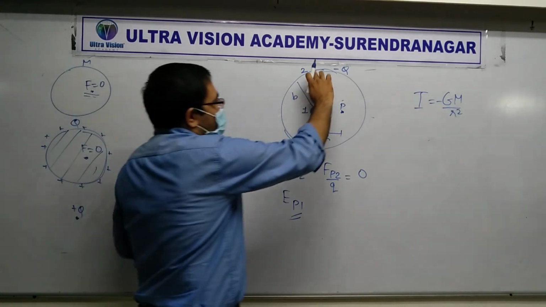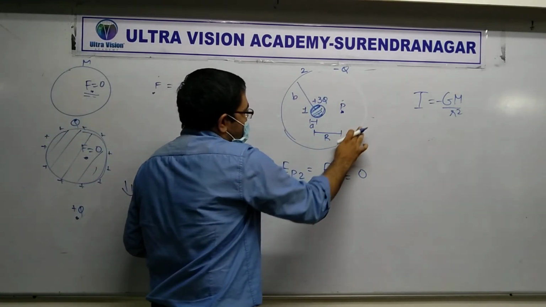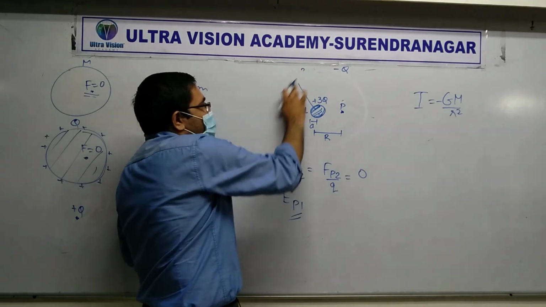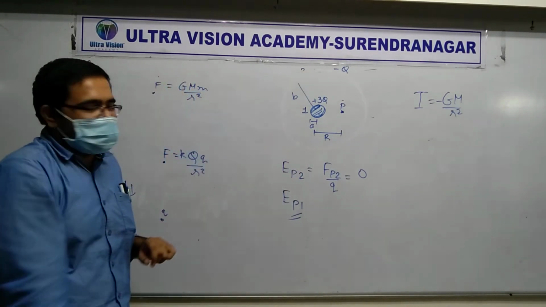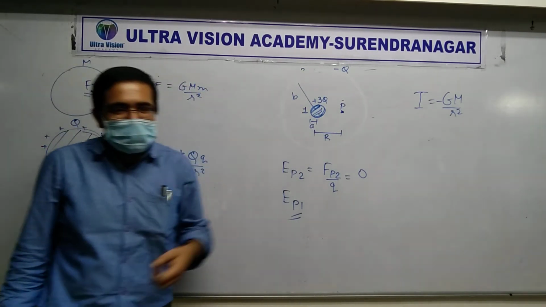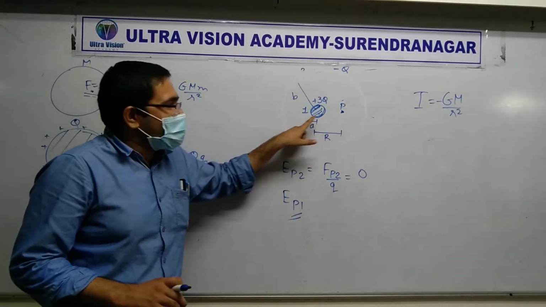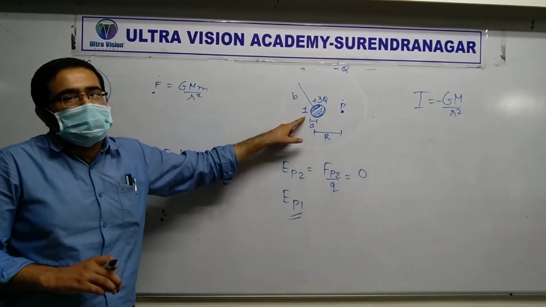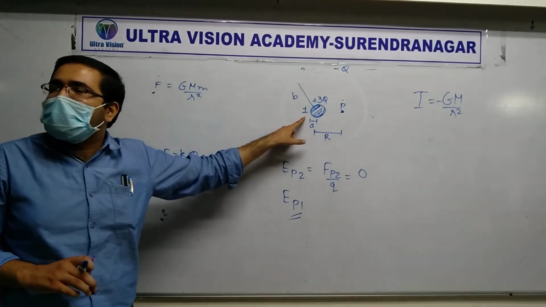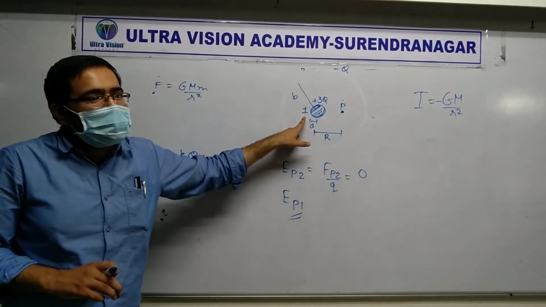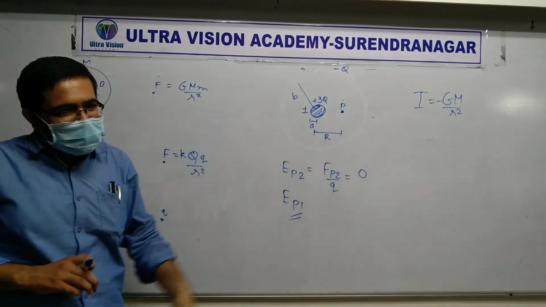So for the time being, we can simply forget this. Whether it is there or not makes no difference. Now find the electric field. What to do? If this point is outside the sphere, we can assume that it is like a point charge. So just do that and the answer will come.